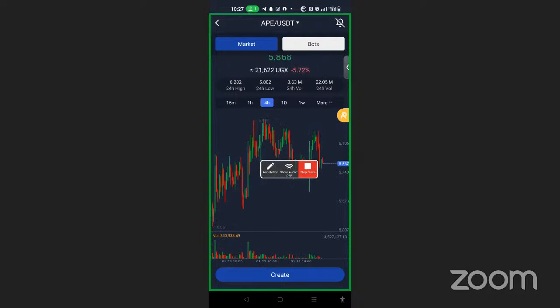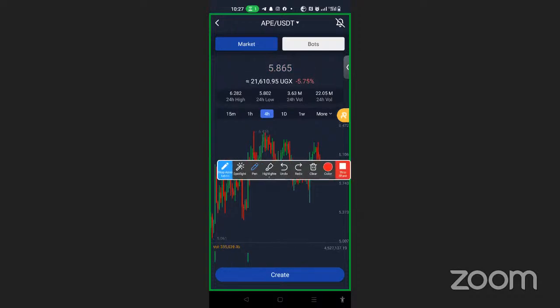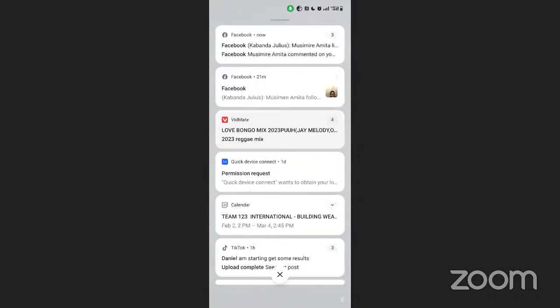You look at the lowest point in the market, the lowest 24-hour, because when you look here on our screen on this coin, we have the 24-hour high, we have the 24-hour low. Just a minute, let me block that.